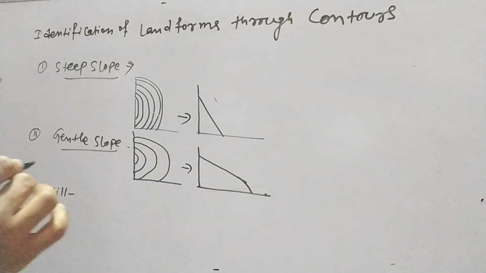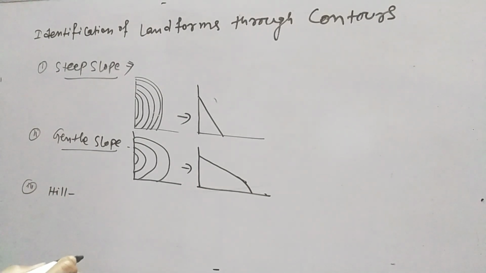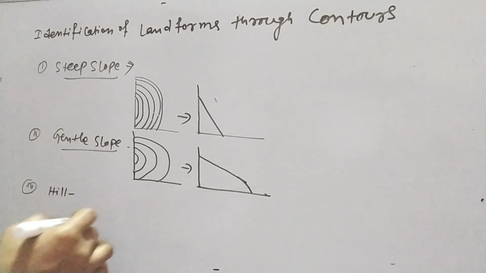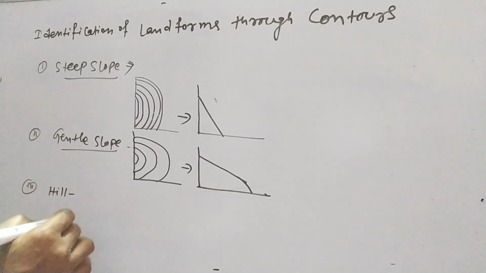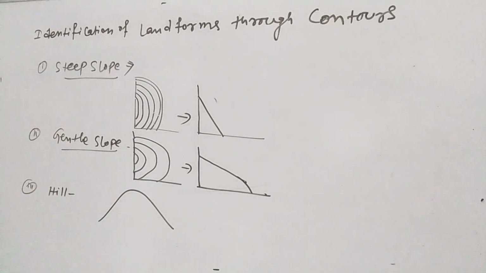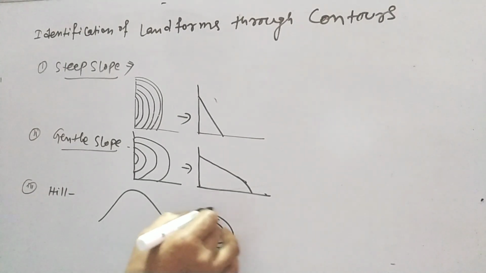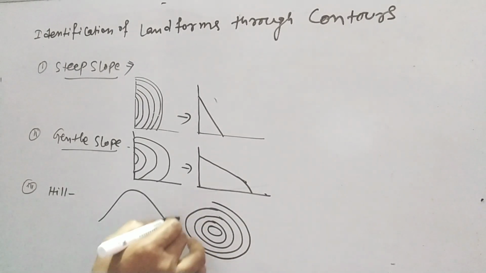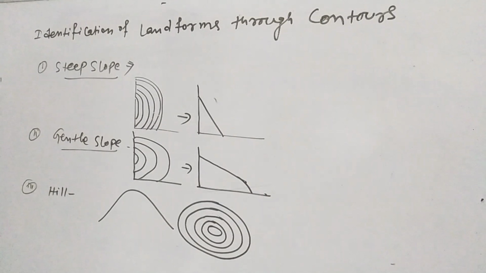Next, hill. So hill is a landform that has an elevation less than 1000 meter, near about 900 to 1000 meter, like this. This is about hill. Okay, and the contour patterns are like this, a circular pattern, right?